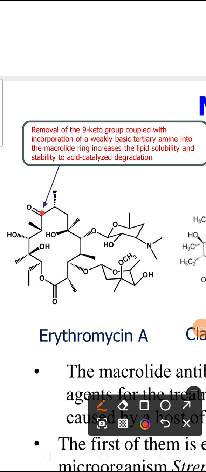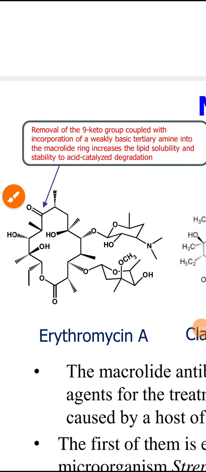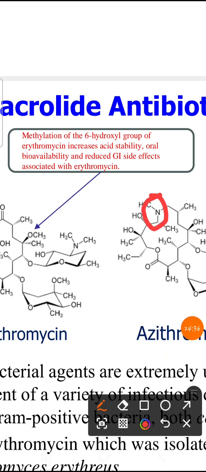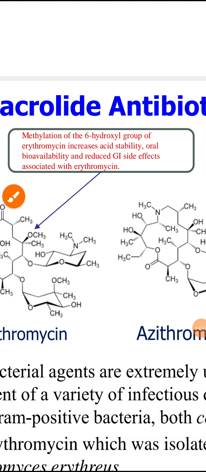Therefore, conversion of this ketone functional group or 9 carbonyl group into an amino group, like this tertiary amino group, will increase acid stability. This will increase lipid solubility. Therefore, the introduction of a basic amino group will increase activity.